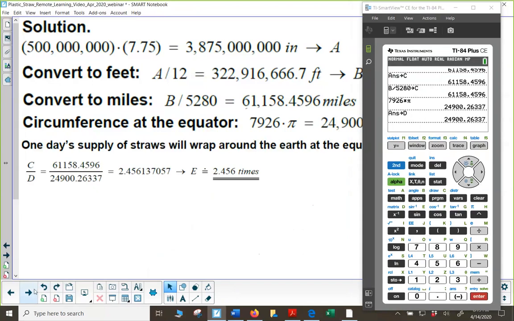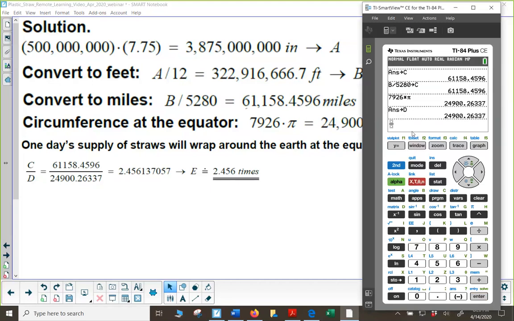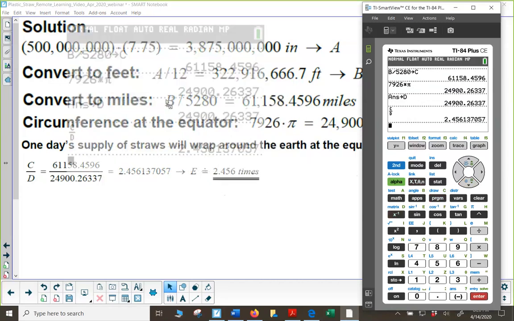I'm going to take what's in C divided by D. Now, on the color calculator, alpha and then theta n, you do those one after another, and you get the cool little fraction template, which is kind of nice. So I'll type in alpha C, arrow down, alpha D, enter, and it looks like it's about 2.5 times.